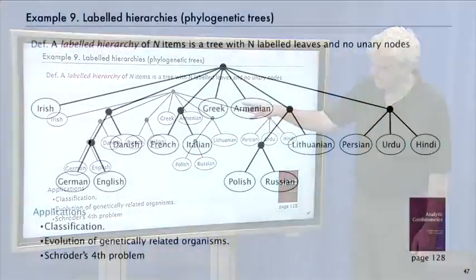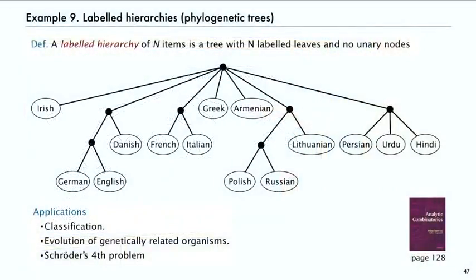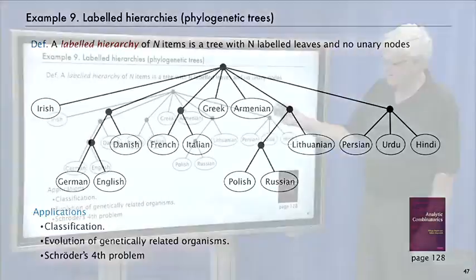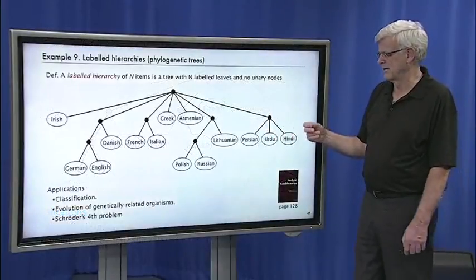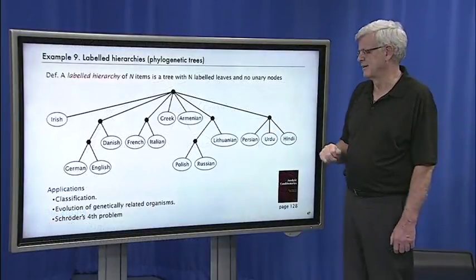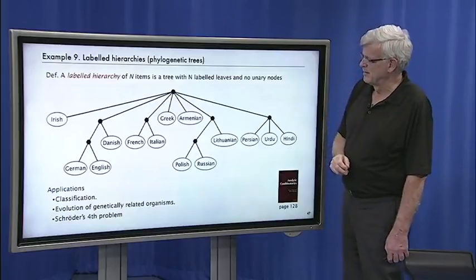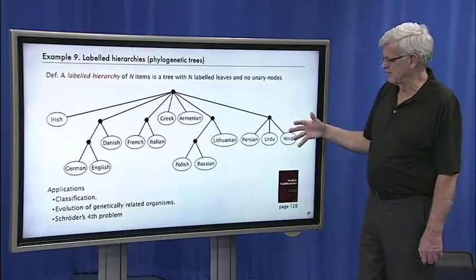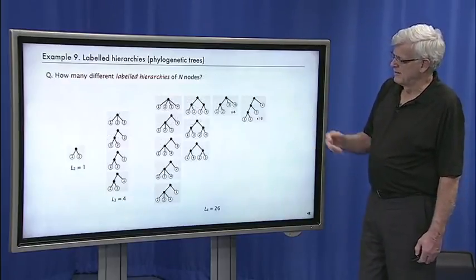So that you have a lot of labeled leaves, and you're trying to collect them together and provide a hierarchy in some way. This turns up in lots of scientific and commercial applications related to evolution and many other things. And it's another problem Schroeder studied in the 19th century. So many applications of this sort of thing.